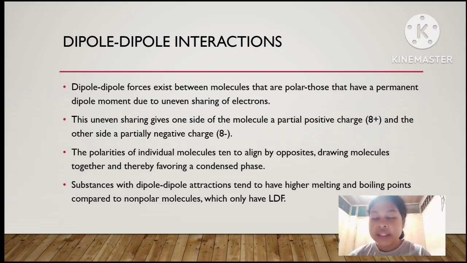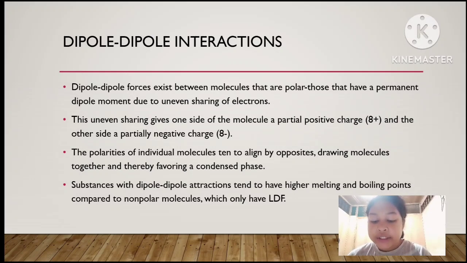This uneven sharing gives one side of the molecule a partial positive charge, and the other side a partial negative charge.